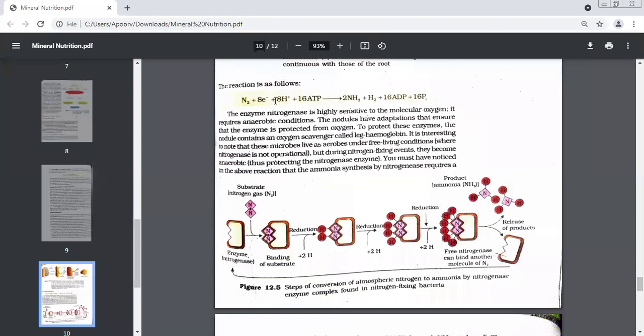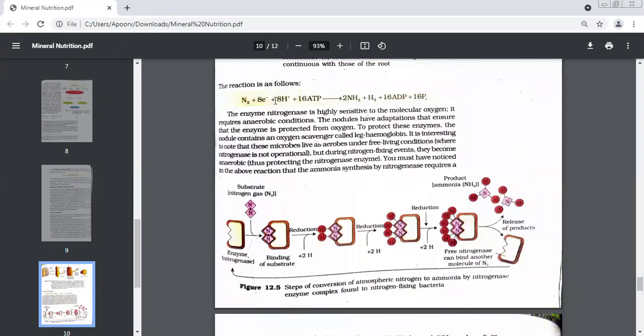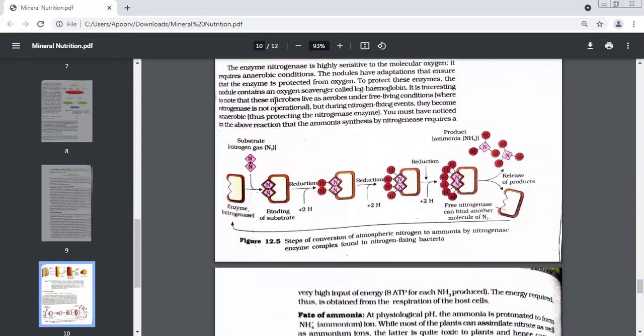Read this very quickly. Just this paragraph, and steps of conversion of nitrogen to ammonia by nitrogenase enzyme complex. Let me explain it to you. Just go through it quickly.